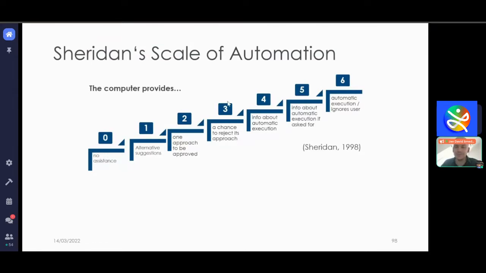And I gave you this tool, Sheridan's scale of automation, to think about, where you can say either a computer offers no assistance whatsoever, or it automatically does what it does and completely ignores any user input. And between that, there are all sorts of levels of how much information or involvement is given to a user.